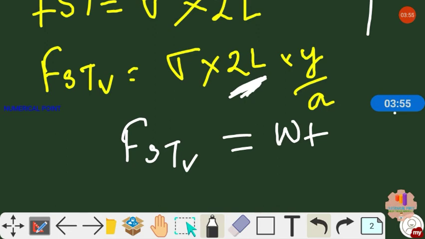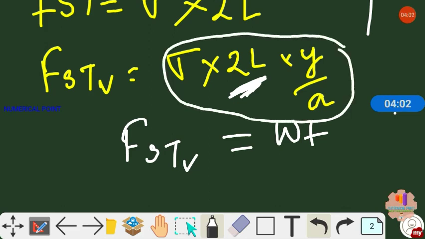So this force will be equal to this force. Let's write that.